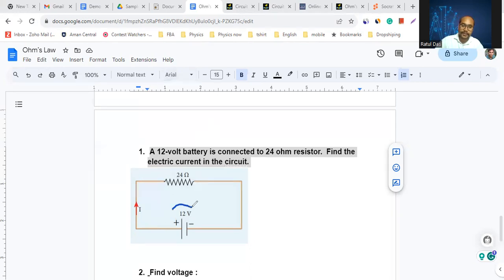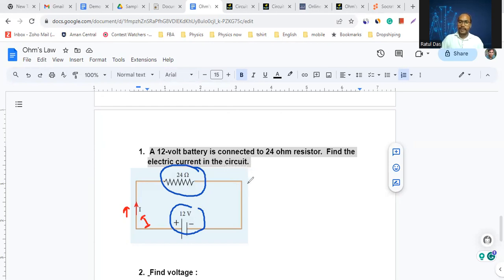Here it is a 12-volt battery, and it is a resistor. If you add a potential difference to a resistor, then what will happen to the circuit? There will flow an electric current. Now we need to determine the electric current.